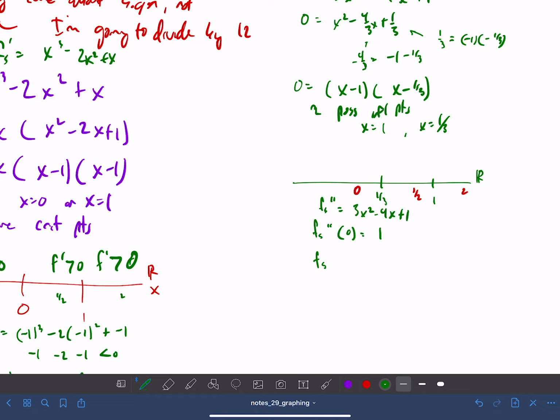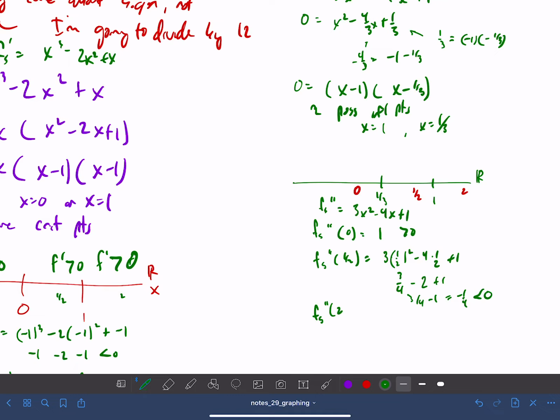F sub s double prime of a half is equal to 3 times half squared minus 4 times half plus 1. That's 3 over 4 minus 2 plus 1. 3/4 minus 1 is minus 1/4, which is less than 0.